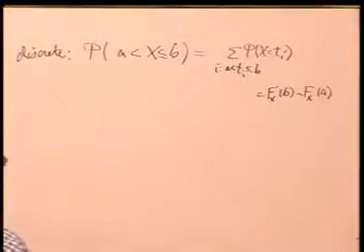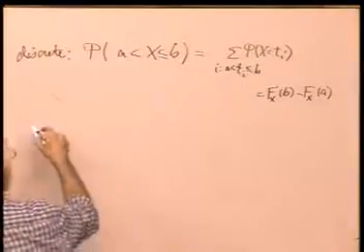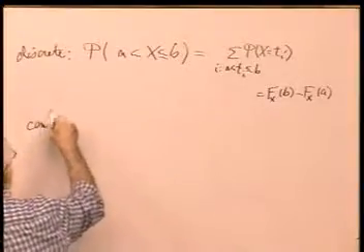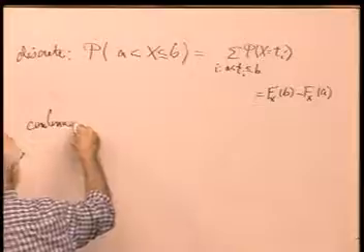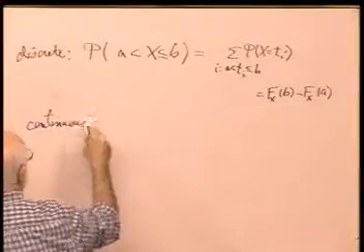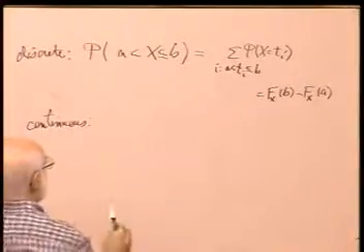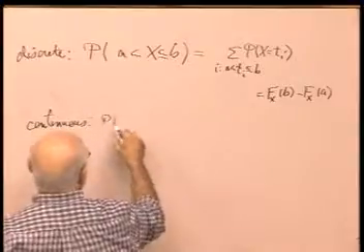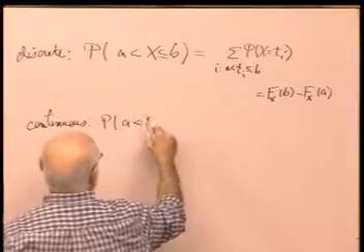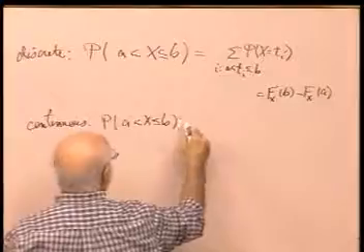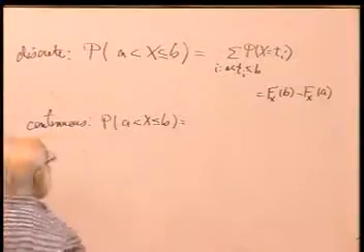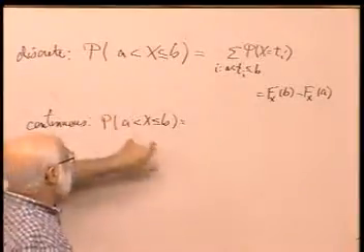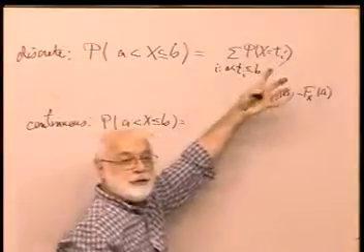Whether it's discrete or continuous, we know that this is true. Okay, so now suppose that the random variable is continuous. Now what's this probability? Well, you can't get that by adding up the probabilities because they're all 0.